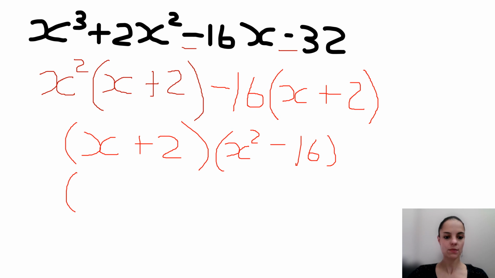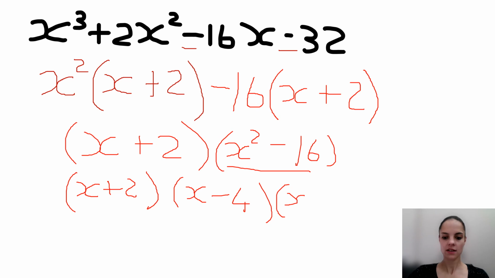So the x plus 2 stays, but this one can be factorized into x minus 4, x plus 4. And that is called the difference of squares, and that is in part 2 of my series. I dealt with that. And now only it is factorized completely.